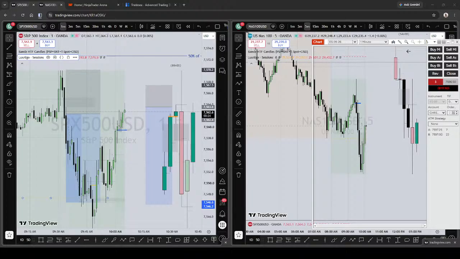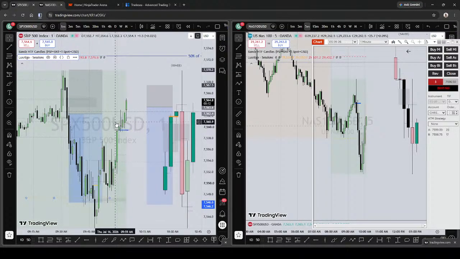So actually, it's 2 hours 30 minutes. So this stream comes to an end in about an hour 30 minutes. So we continue to push higher on ES and on NQ.